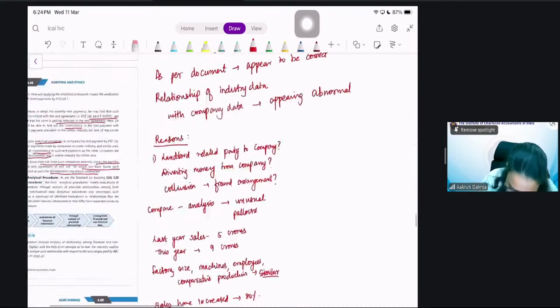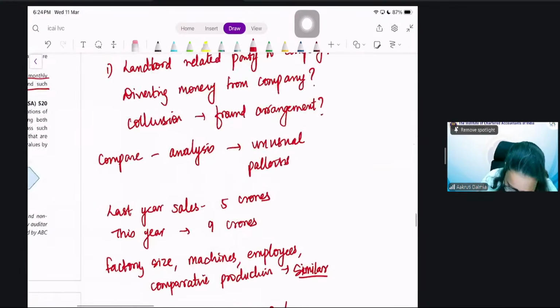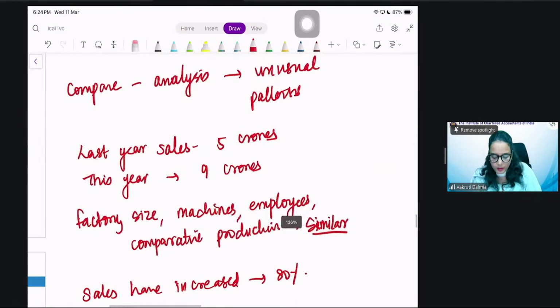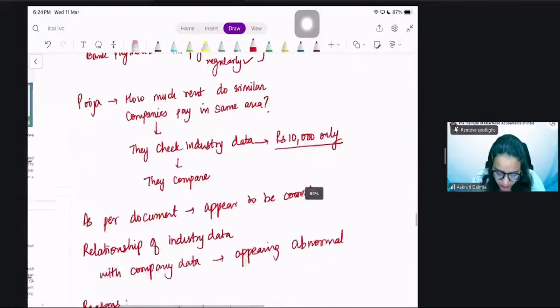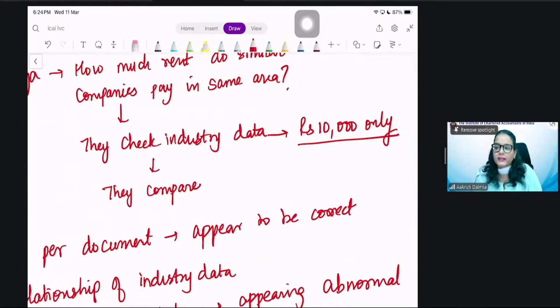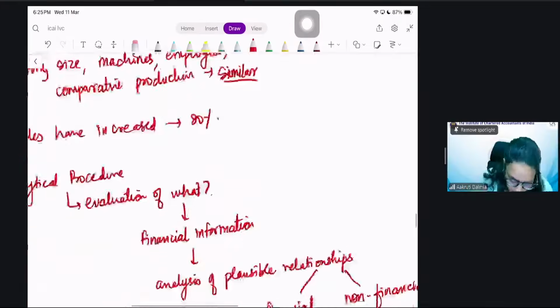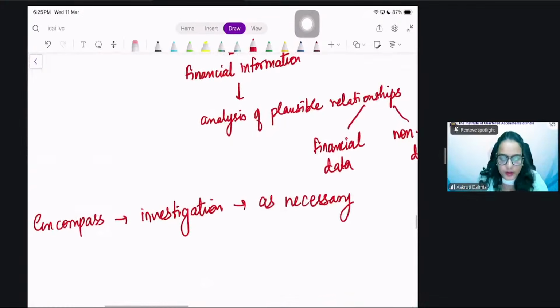So when we did this landlord example, after finding that the competitors are paying only 10,000 rupees, what did we start doing? We started doing the investigation that was necessary. Why was it necessary? Because we had found some abnormal pattern. Understood?